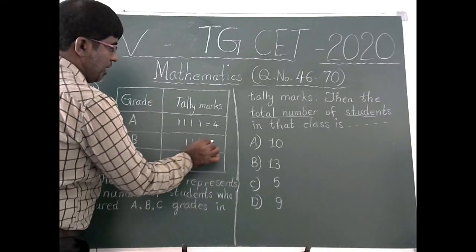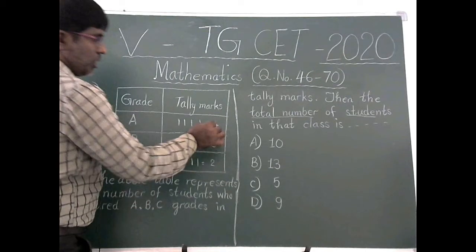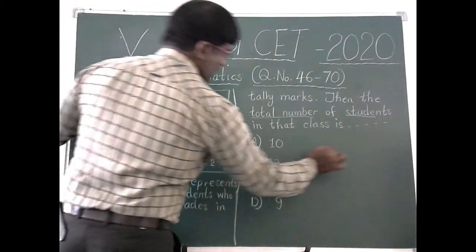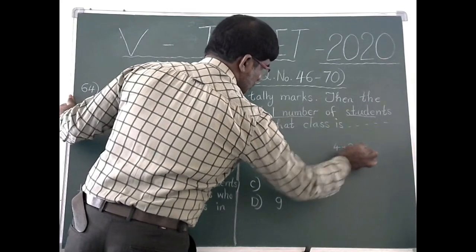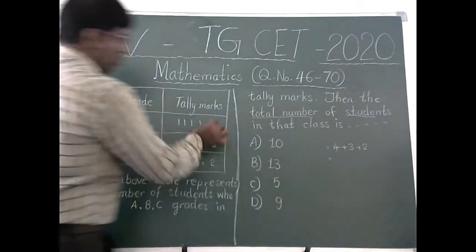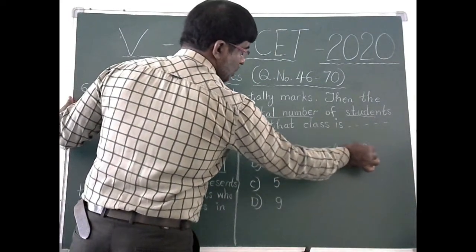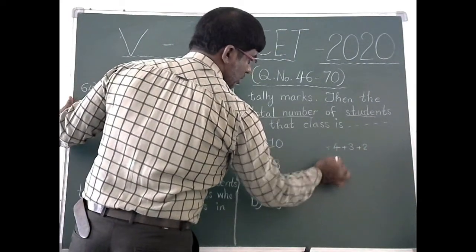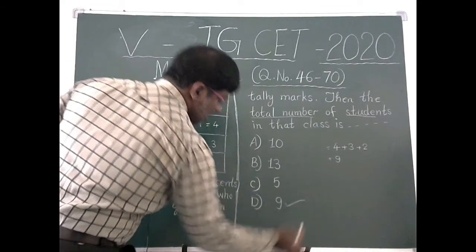For grade B, 3. For grade C, 2. We should add 4 plus 3 plus 2. 4 plus 3 is 7, 7 plus 2 is 9. So our answer is 9. Option D is the correct answer.